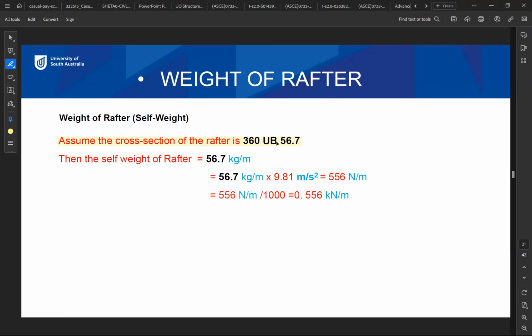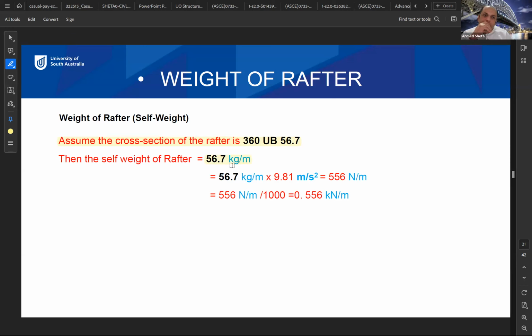So this is a universal beam section, and then go to the design capacity table from OneSteel or any other table, and get the self weight of the rafter. From the tables, the self weight of the rafter is 56.7.